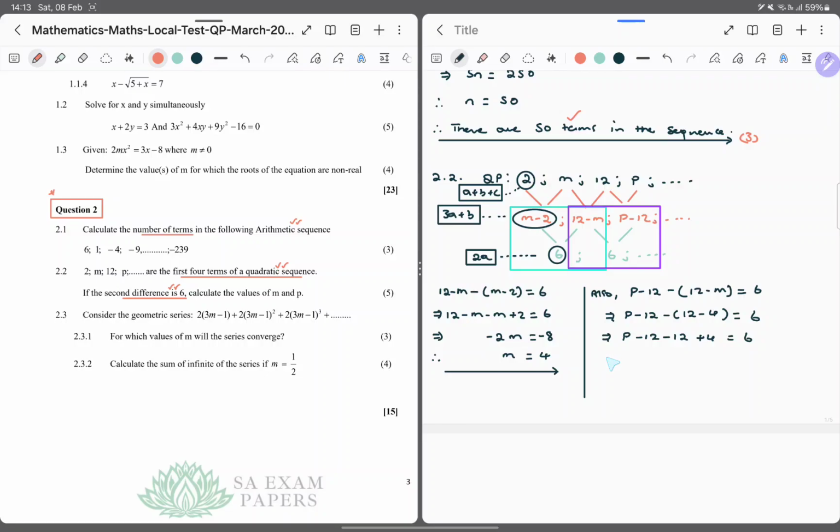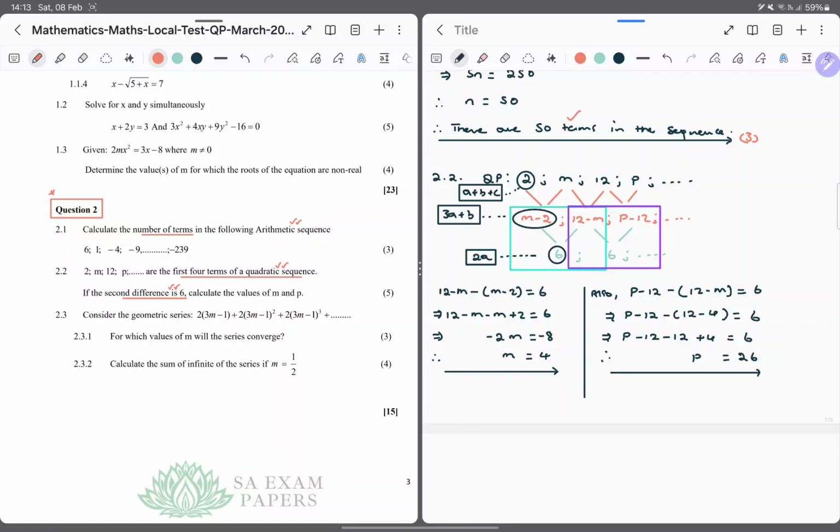Alright, so from here, guys, I don't see any point in delaying this. We can see that P is going to be, now this is minus 24 plus 4, that's minus 20. Then we bring it this side, it becomes 26. Easy, né? Yes.